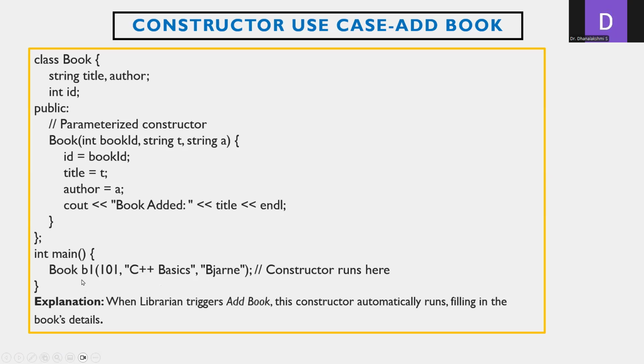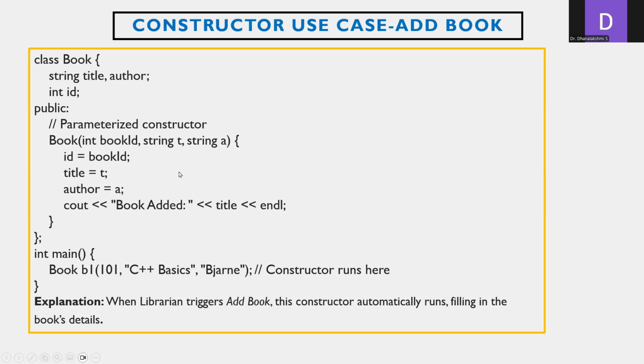So when we pass the values 101, C++ basics, and any author name, C++ automatically looks for the constructor in the class that matches those parameters. It finds the one we defined earlier and calls it automatically.